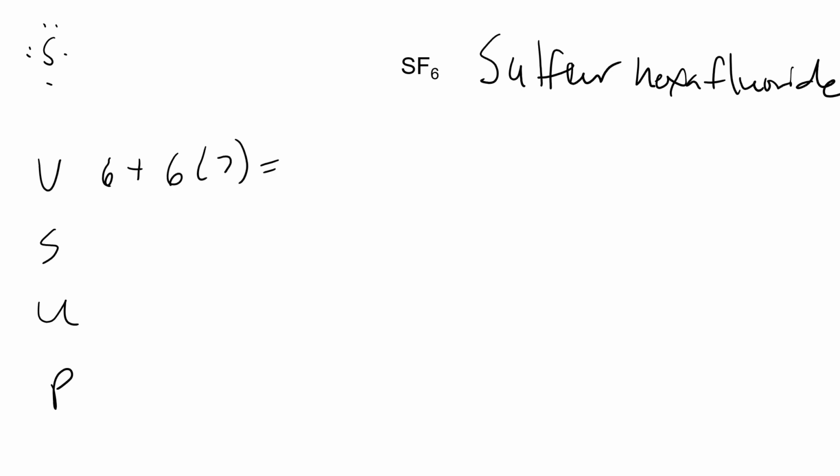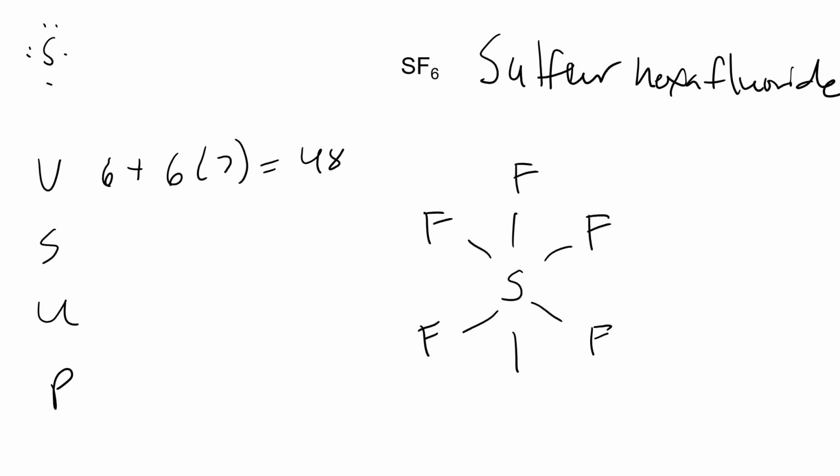That's a total of 48. Skeletal structure, sulfur, and then I have 6 fluorines I can put around this. So I've used up 2, 4, 6, 8, 10, 12 valence electrons.